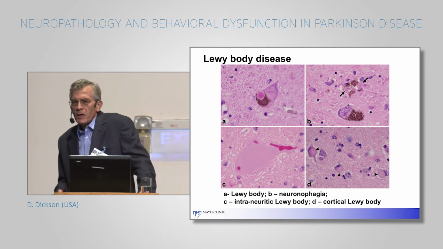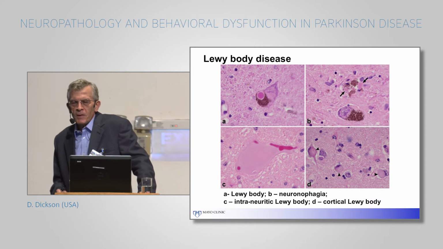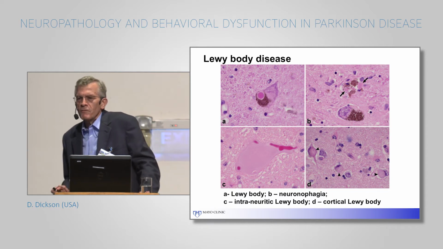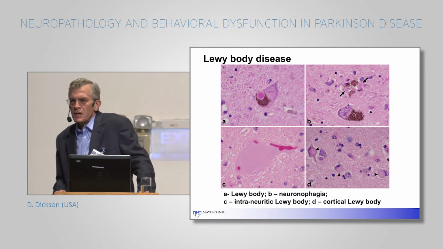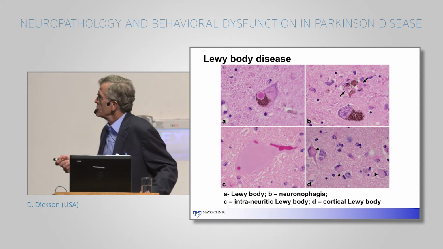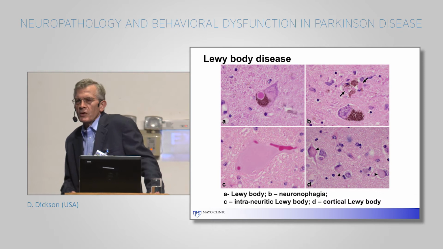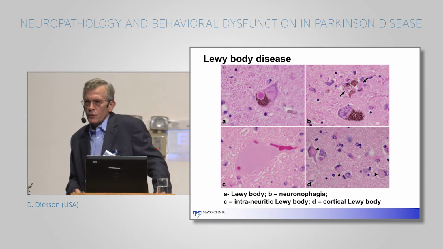The other thing that we're increasingly aware of, and that is not so readily detected with routine histologic methods, is that there are abnormal axonal profiles, or neurites, in Lewy body disorders, and also Lewy bodies in neurons that were not previously thought to be vulnerable, such as cortical neurons.